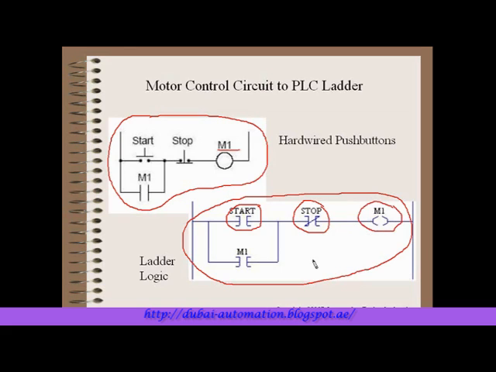Now we have what's called internal contacts. This internal contact right here is not something that's coming in directly from the real world. It is something that's operating off of this coil inside the PLC and is being used inside the program. We can get into that and I'll show you a little bit more later. When we get into the program, I think it'll be easier to understand.